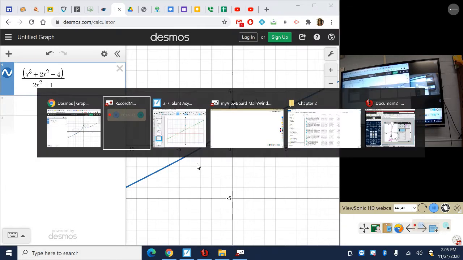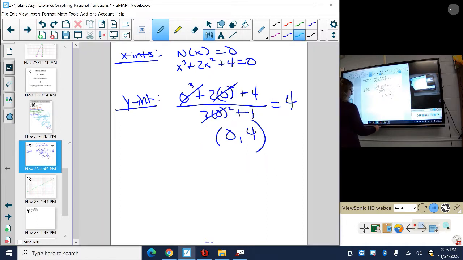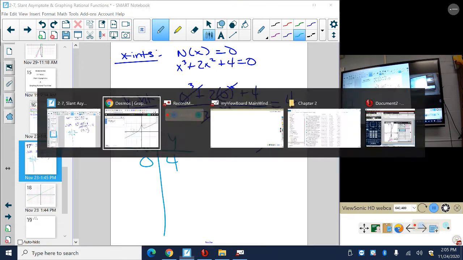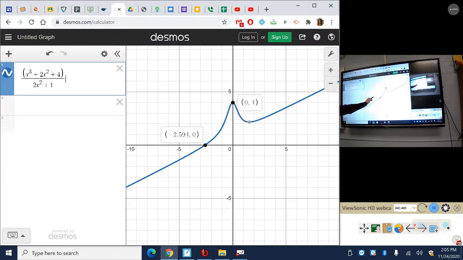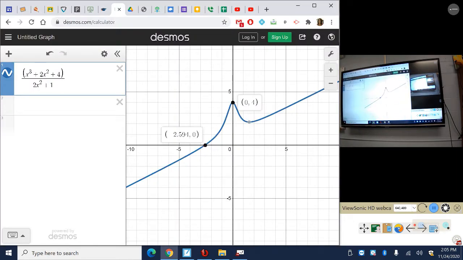So if I come back over to my problem right here, I need to have more x and y points. So the points that I'm going to use are (0, 4), and the other point was (-2.594, 0). And then I need to now find an xy table.